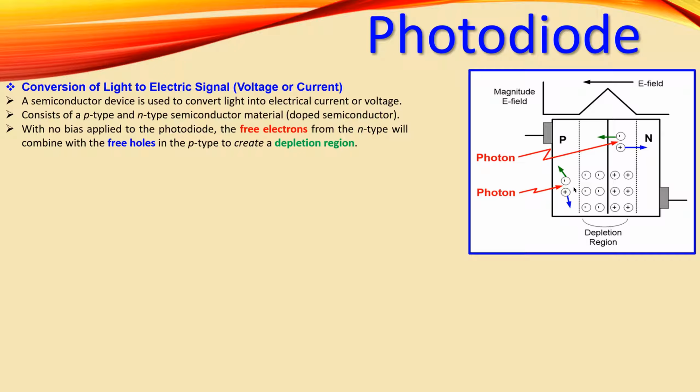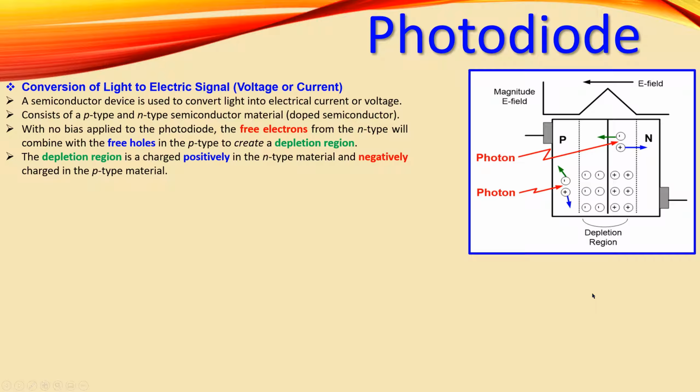So the N type is the source of electrons and the P type is the source of holes. So they will combine if you don't add any voltage across the terminals of this PN junction, and you will then have your depletion region created. That's actually what you have in the steady state condition.